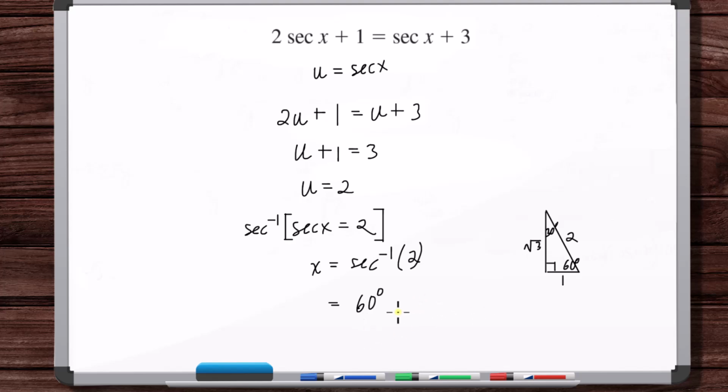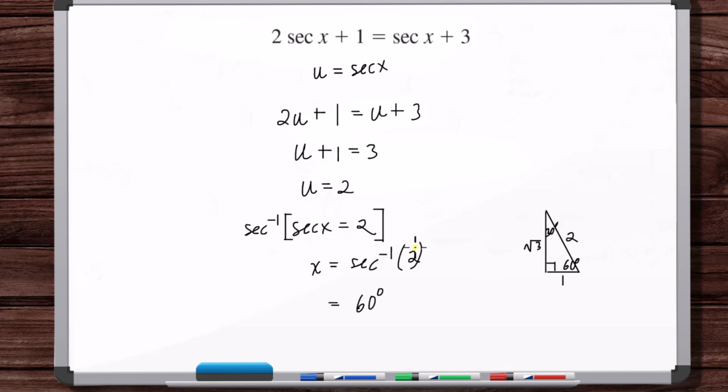Okay, but that's only the answer to inverse secant of 2 as the function. Every time you do an inverse trig function, no matter the scenario, you always take a step back and ask yourself, what other angles, when you take their secant, give you 2, outside of just 60 degrees?